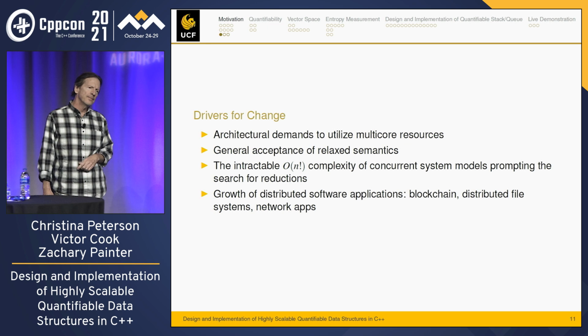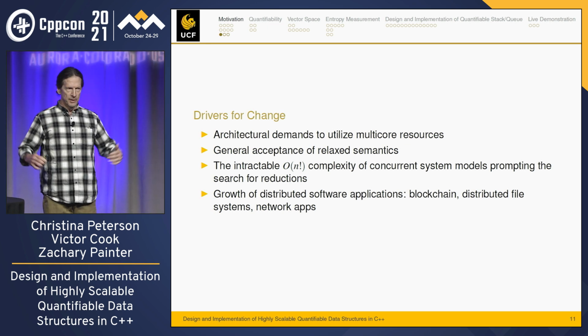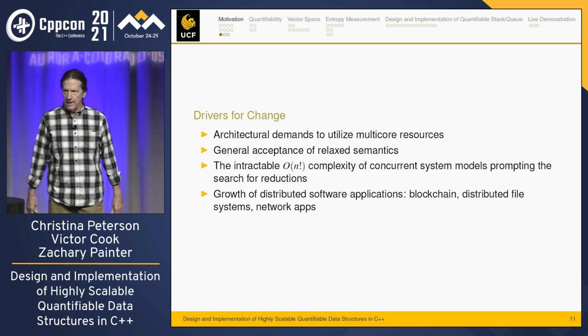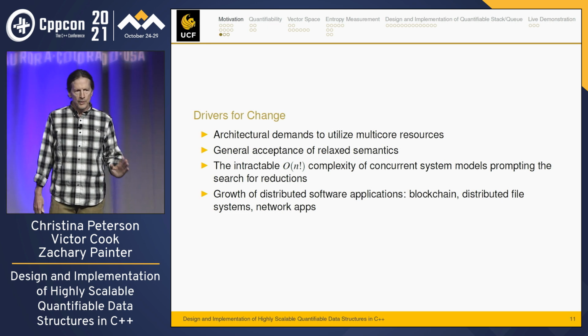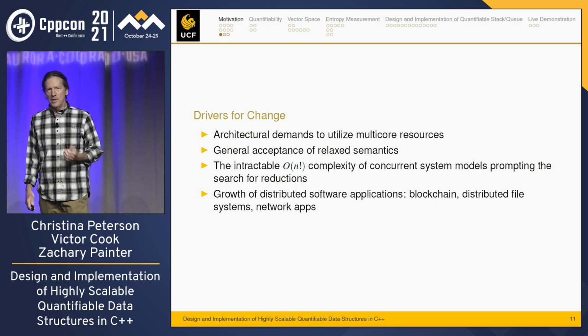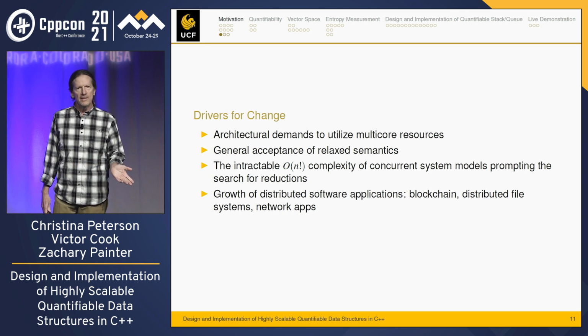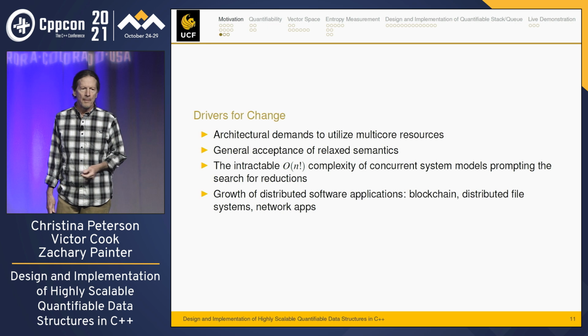So given all these kind of micro details, let's look at the bigger picture for a minute. What are the drivers we have for change? First, as we all know, Moore's law is not what it used to be. And so architectural demands are that we use these multi-core resources better. We have a general acceptance now also of relaxed semantics.